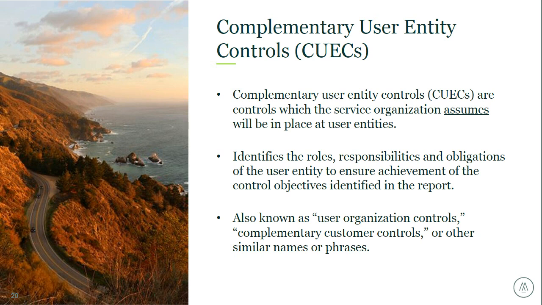So basically, CUECs identify roles, responsibilities, and obligations of the user entity to ensure achievement of the control objective identified in the report. These are oftentimes referred to as user organization controls or complementary customer controls. Those are other terms that are used to define CUECs.